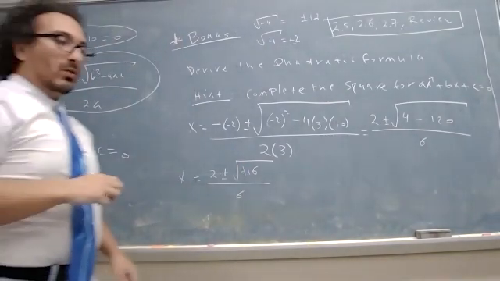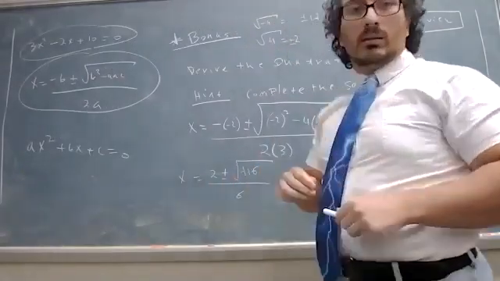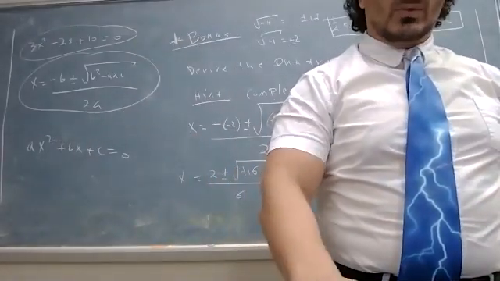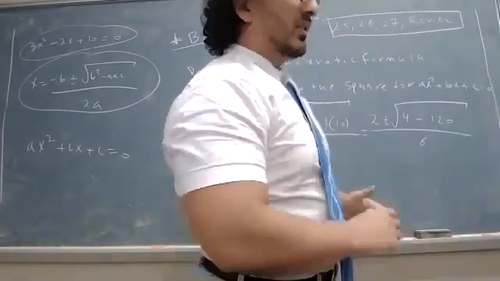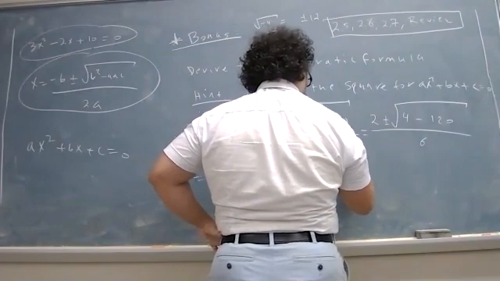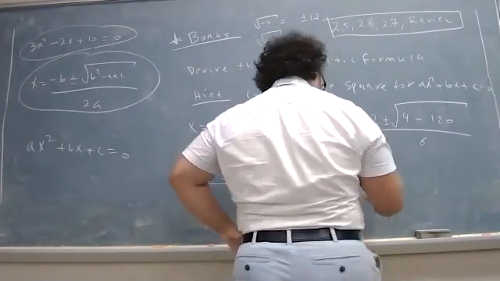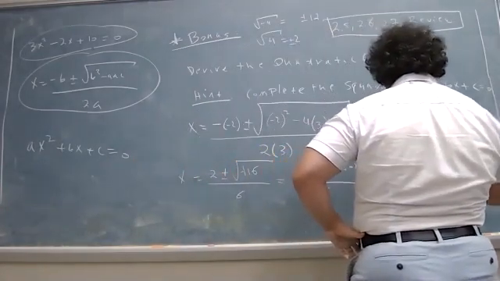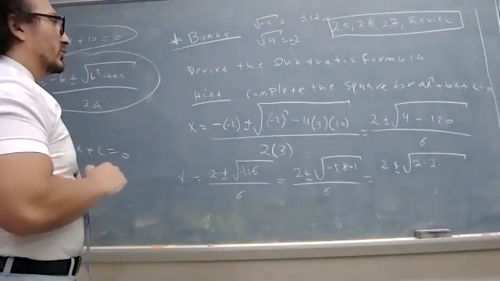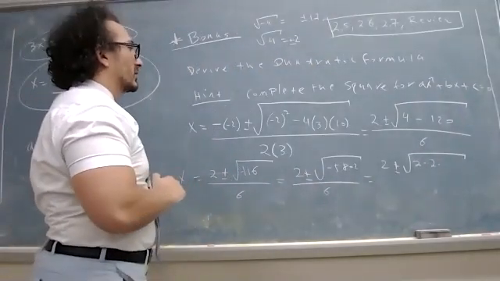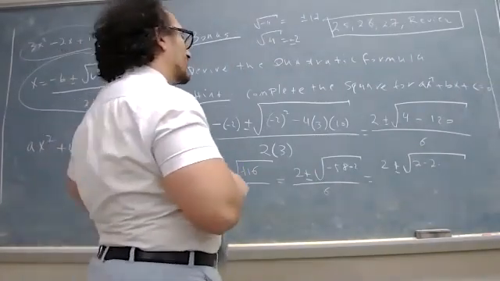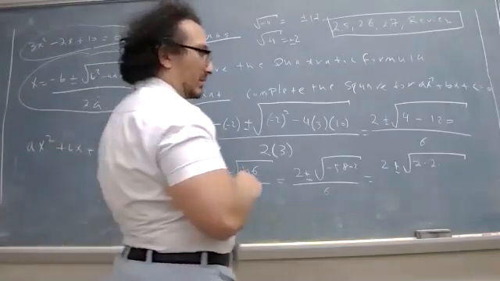So let's see, this is 116, which is really 4 times 29. And 29, well, I know 2 times 25 gives me 50, 2 times 26 would give me 52, 2 times 27 would give me 54, 2 times 28 would give me 56, so 2 times 29 should give me 58.